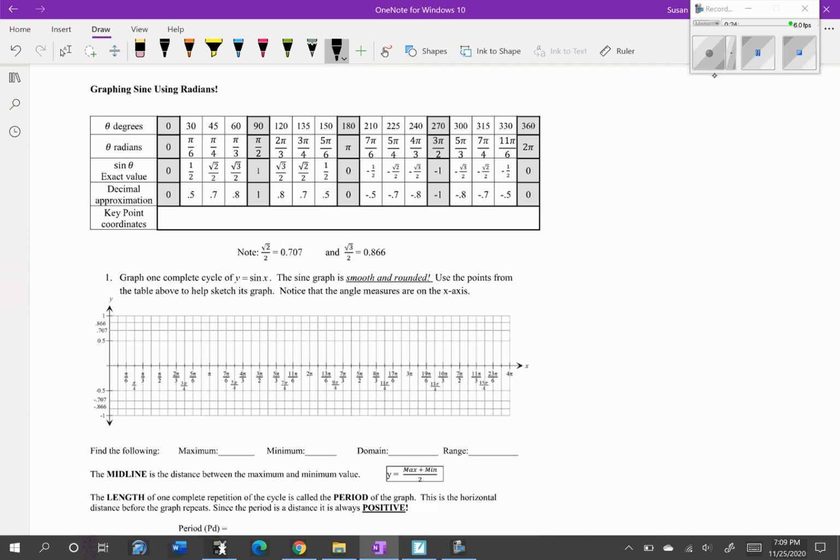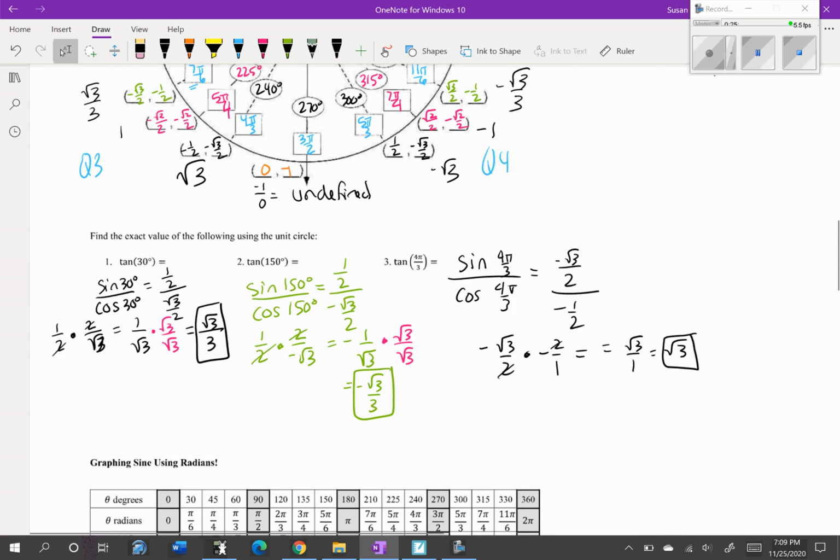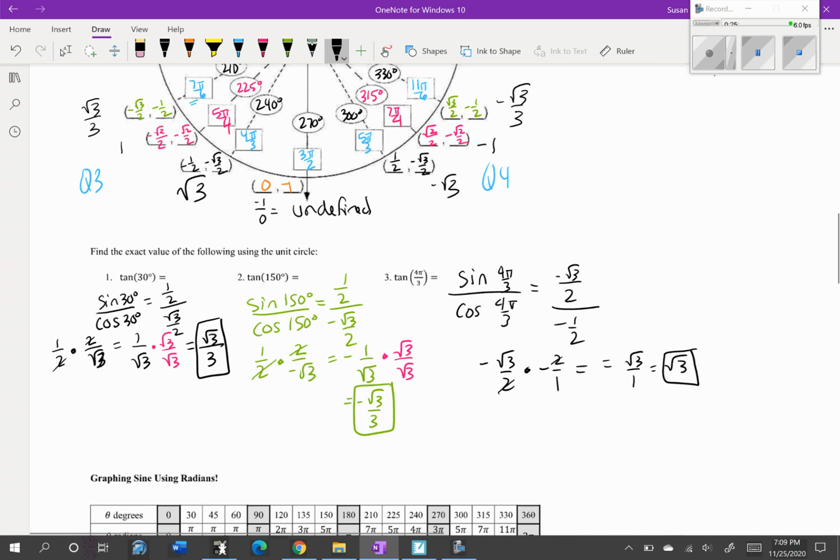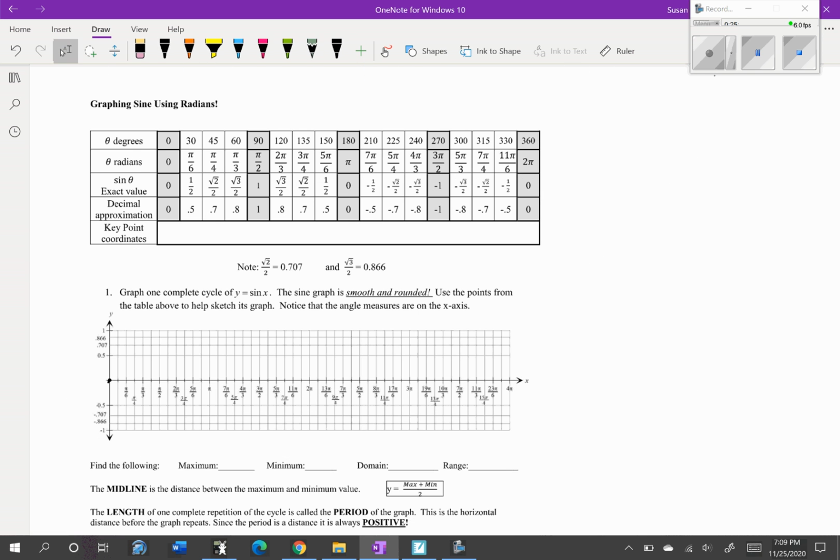So the sine of 0 degrees we know is 0, and you can even look at your unit circle for that. The sine of pi over 6. So again, if we go back to our circle, here is pi over 6. Sine's the y-coordinate, so 1/2. So that's why the next one here, you'll see at 30 degrees, the decimal approximation is 1/2. So pi over 6, 1/2.